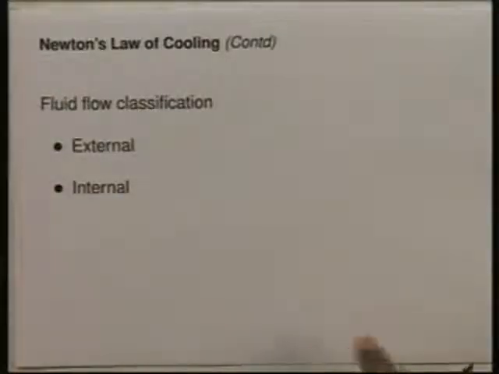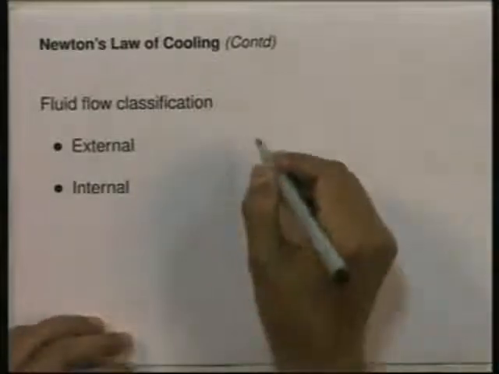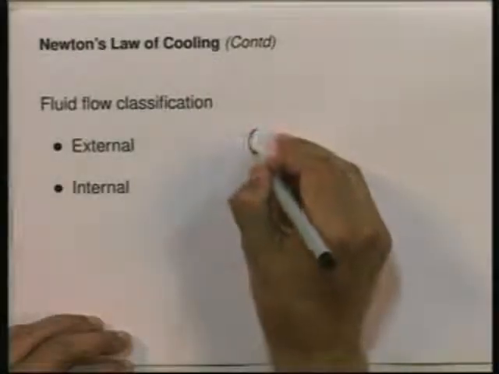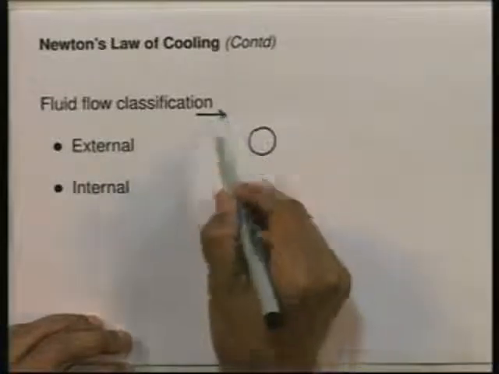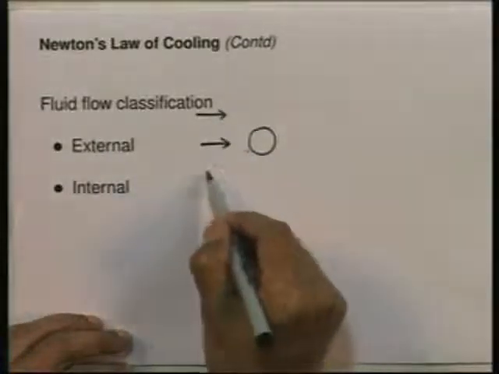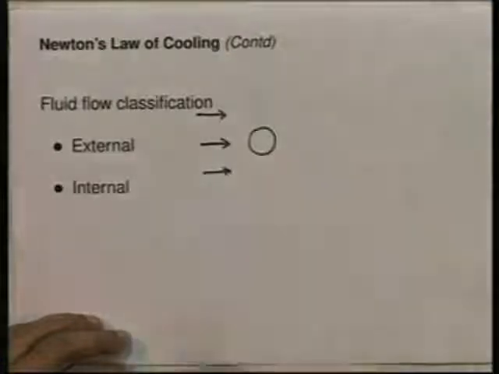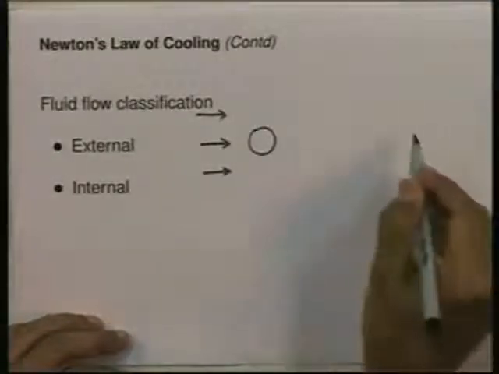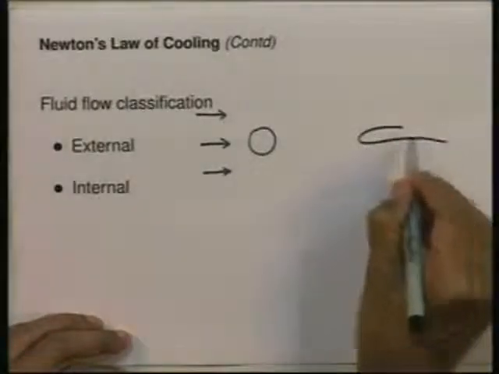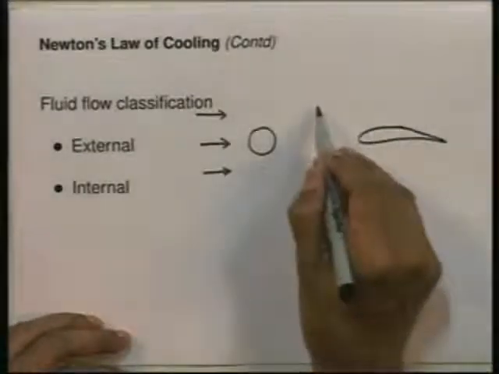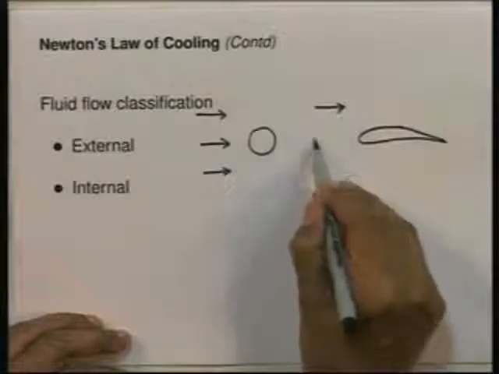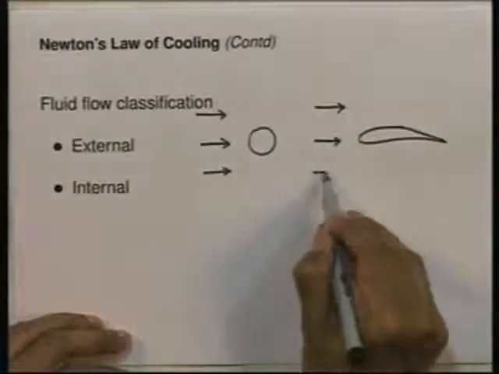An external flow is a flow which, say for instance, is going around a tube. Let us say I have some tube like this, and there is a flow of air or water over this tube, that is an external flow. Or let us say I have an aerofoil cross section like this of a plane, again a flow over that aerofoil would be an external flow.